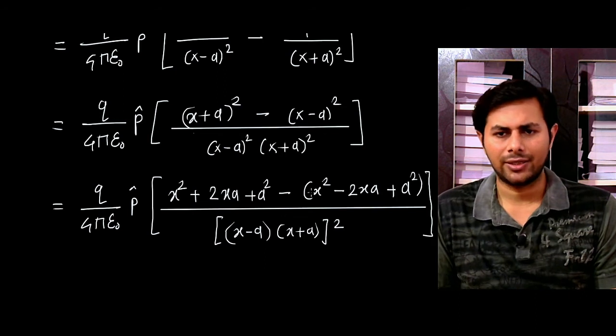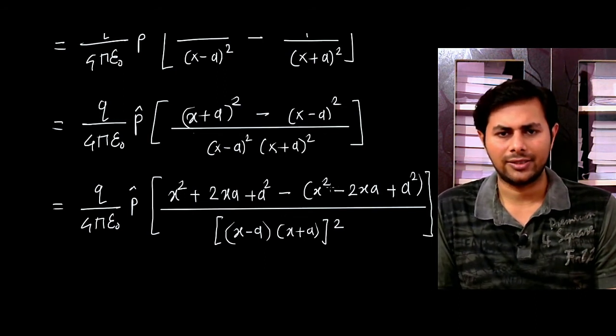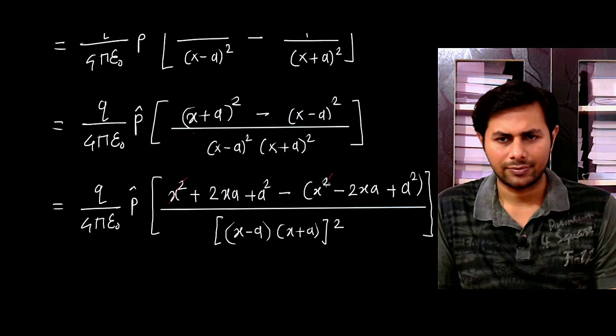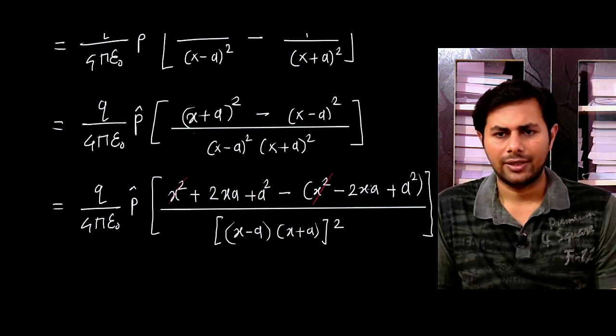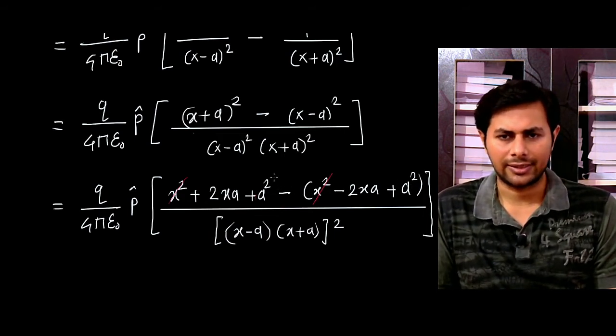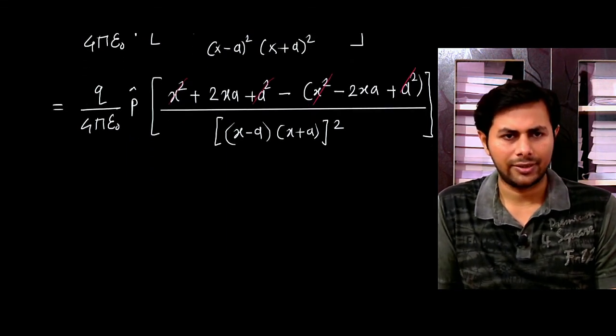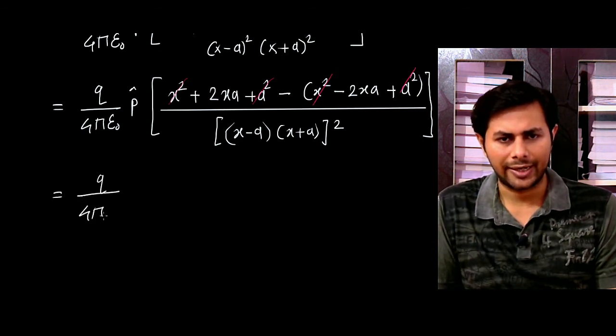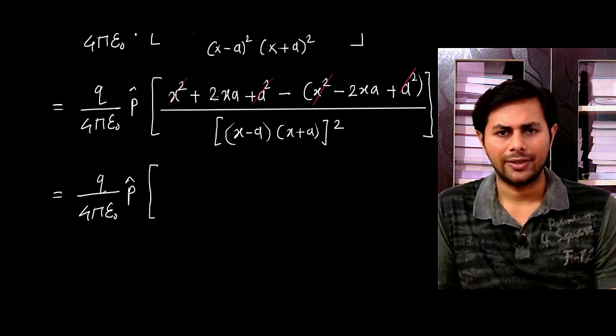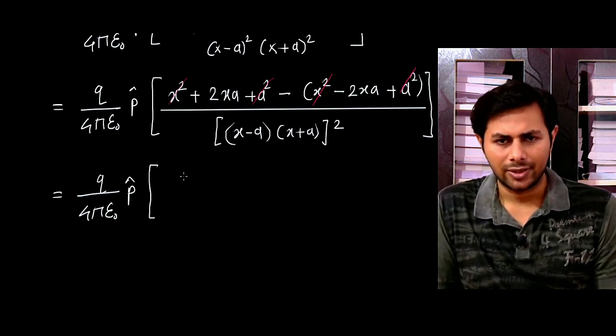Then in the numerator this x squared and minus x squared get cancelled out. a squared and minus a squared get cancelled out, and we are left with q over 4 pi epsilon naught times p cap multiplied by 2 times x into a and minus minus plus 2 times x into a, which is 4 times x into a.